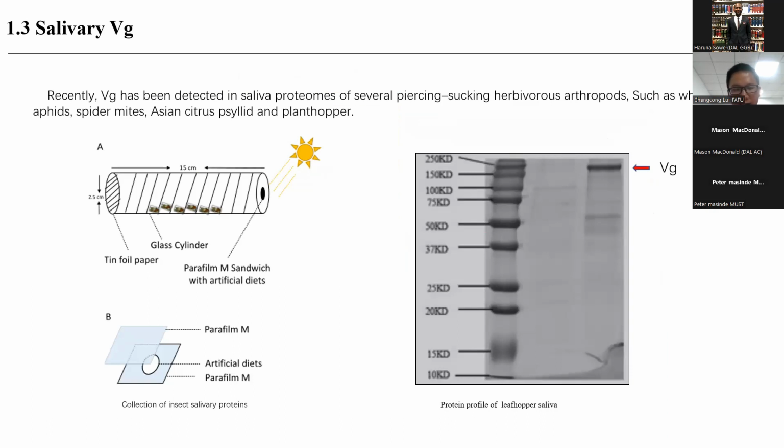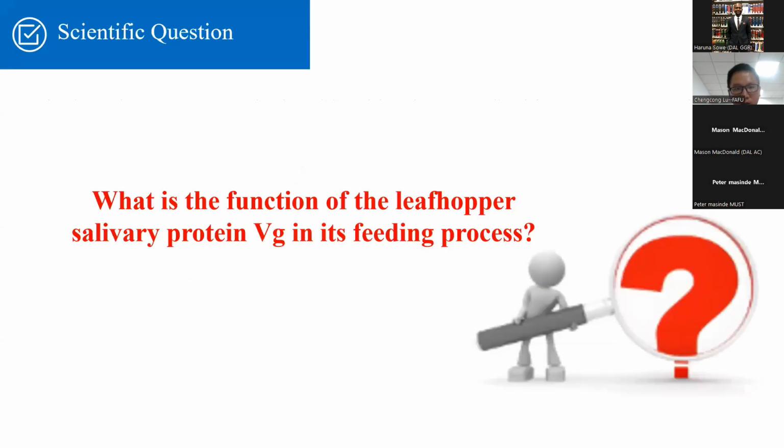We also collected the saliva of leafhopper with a special device and confirmed that there was a large amount of VG in the saliva of leafhopper by proteomics. So let's ask a question. What is the function of the leafhopper salivary protein VG in its feeding process?